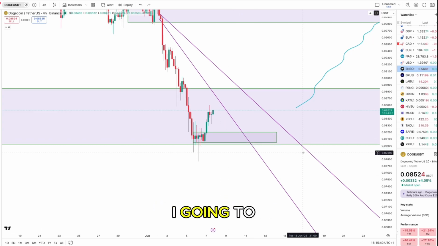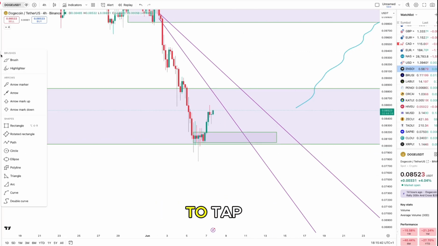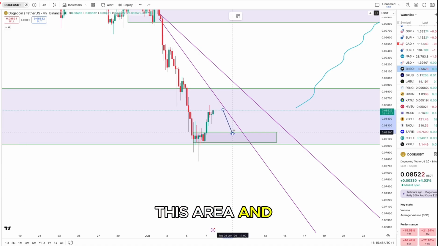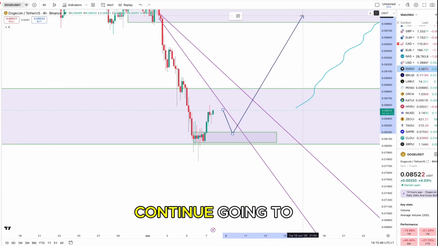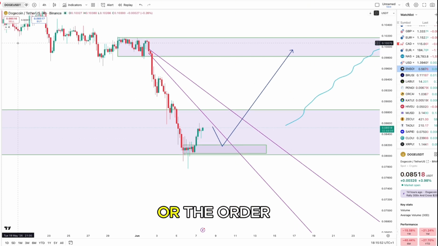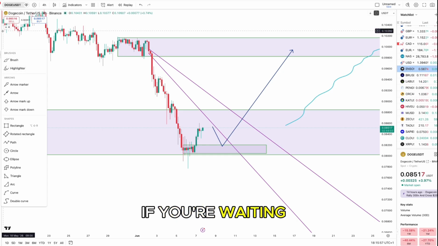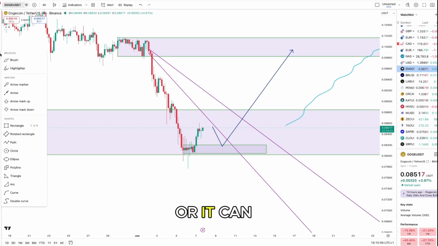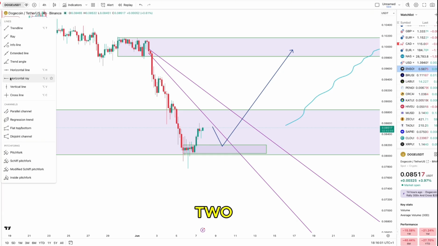Now what am I going to do? I'm expecting price to tap this area and continue going to this zone. It can tap the gap or the other block. So mind you, you're waiting for the gap, or it can tap the other block, either of the two.